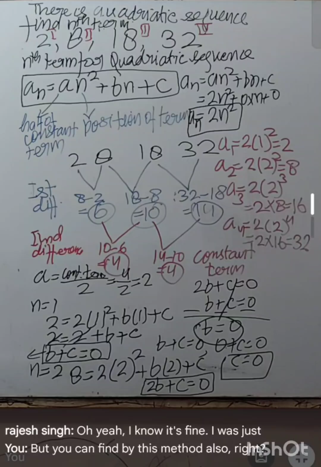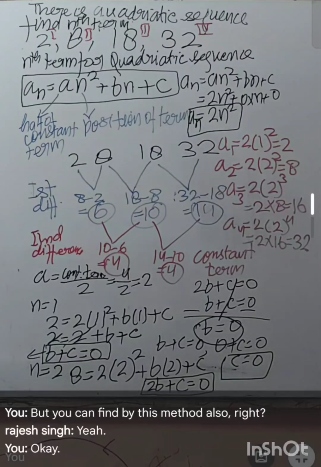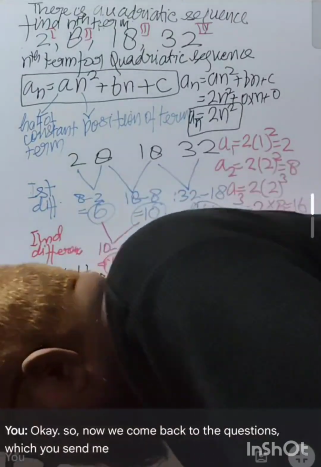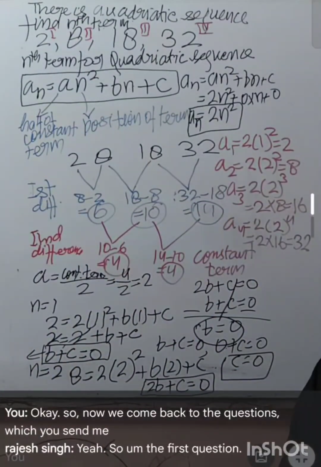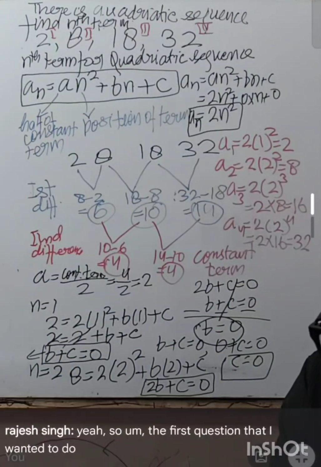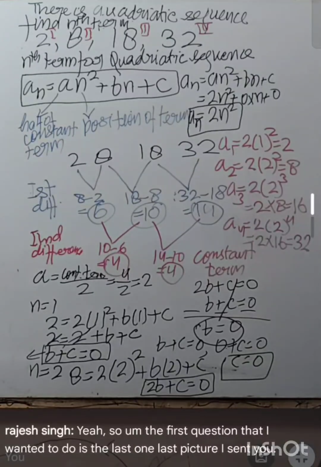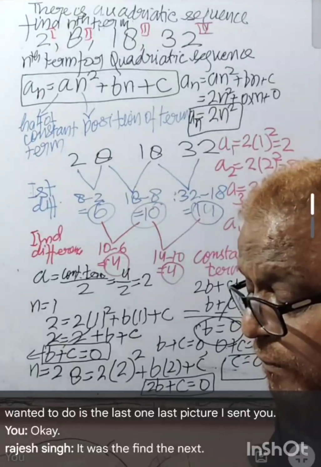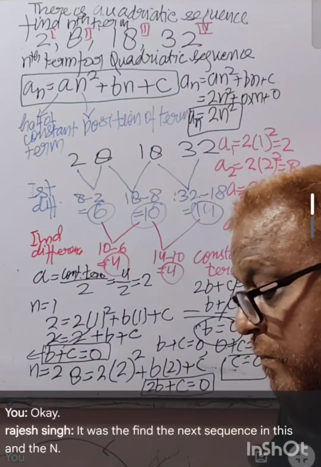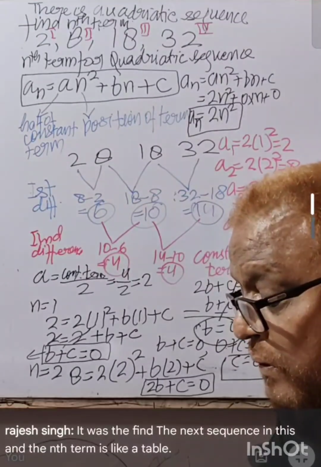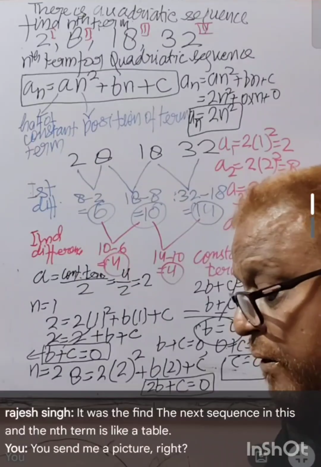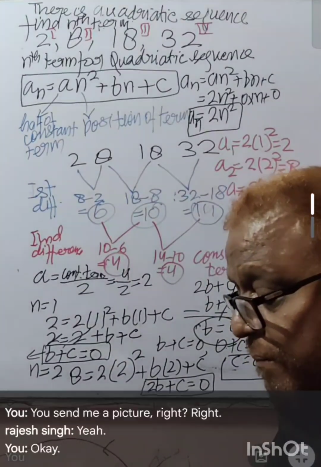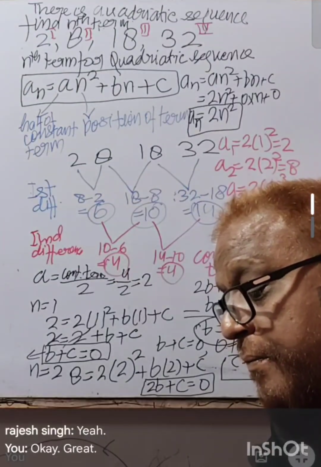Right? Okay. So now we come back to the questions which you sent me. Yeah, the first question that I wanted to do is the last picture I sent you. It was to find the next term in the sequence and the nth term. It's like a table. Oh, great.